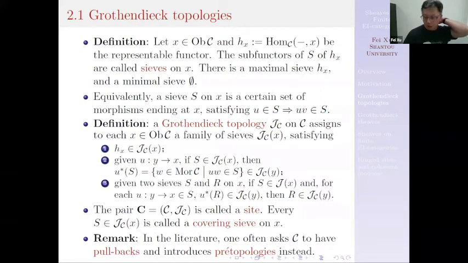In many books with geometric background, they have more restrictions on the category C, particularly that it has pullbacks or fiber products. In that case, they introduce something called a pretopology, which you can think of as a basis for the Grothendieck topology. But for us, with finite categories, usually we don't have pullbacks. The orbit category usually doesn't have pullbacks, so we cannot use that definition.